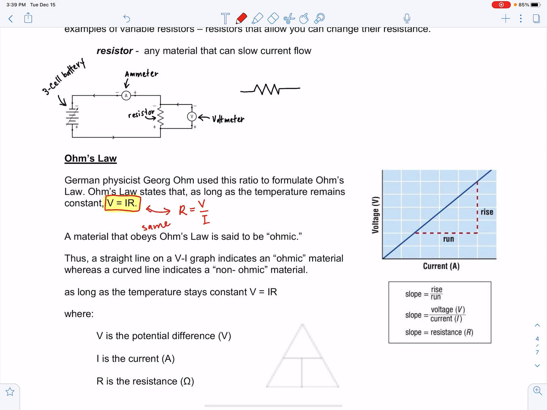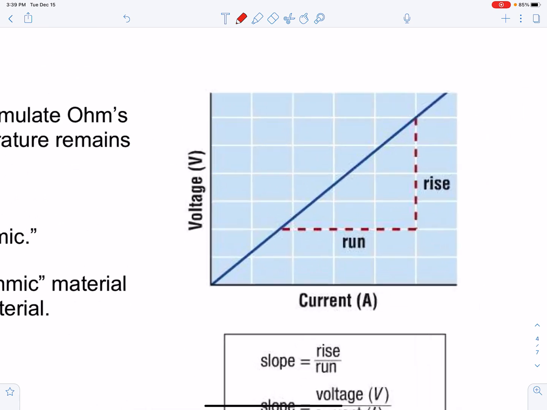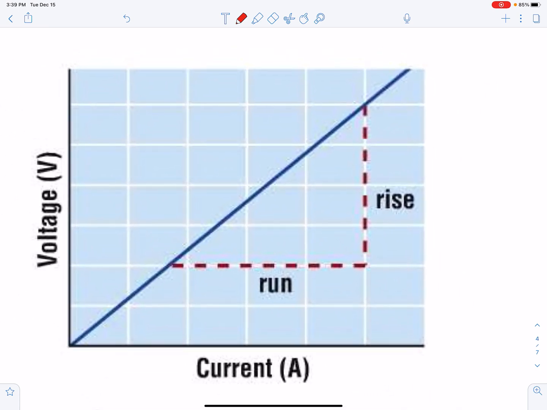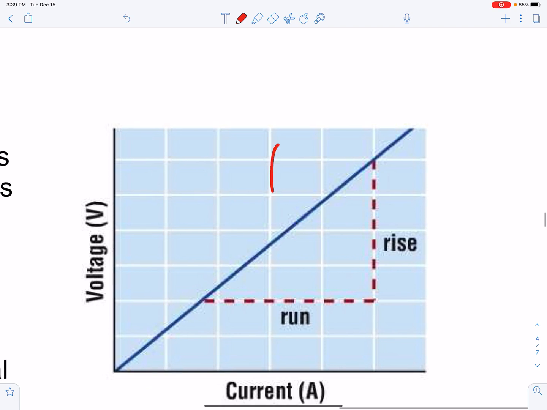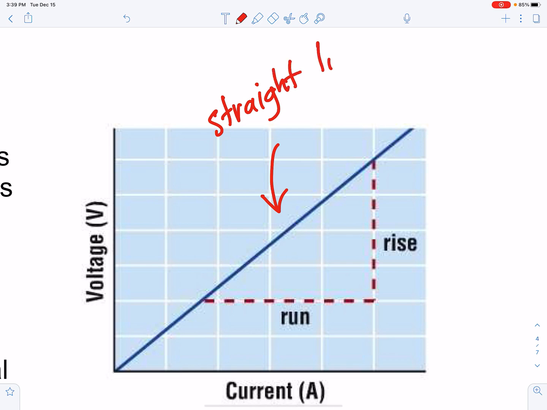They are the same. Any material that obeys Ohm's law is said to be ohmic. And for an ohmic resistor, if you were to plot the potential difference versus current, you would get a straight line. If you get a straight line, that indicates that the resistor is ohmic.